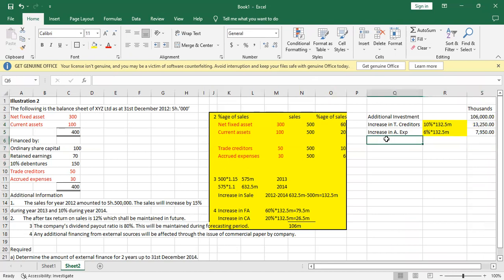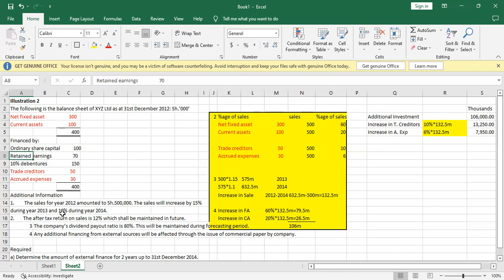So I have the increase. So from that additional investment, to know whether I need the external financing, I have the retained earnings here. And for the 2 years, I'll need to know because there is an increase. We've been told that the retained earnings is given by the net profit minus dividends.